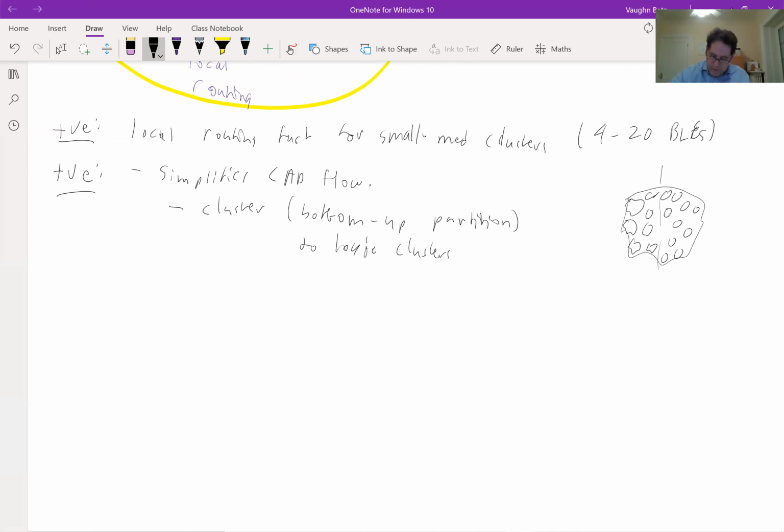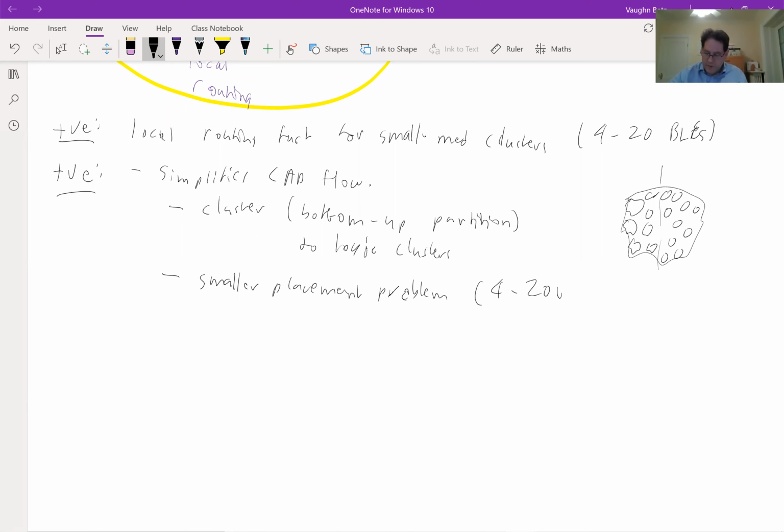Okay, so we can do that before we do placement. If we do that, we get a smaller placement problem. Basically, instead of placing 100,000 little things, we now have to place 10,000 medium things. That's still quite a few things to place, but it is smaller.